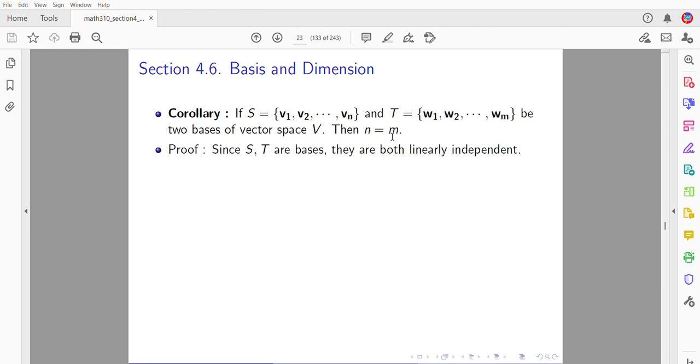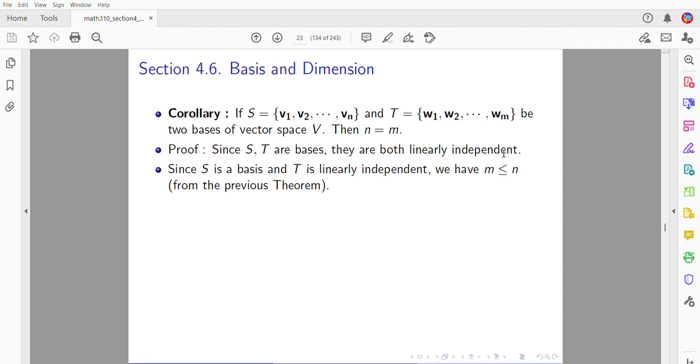Since S and T are bases, they are both linearly independent. So we are going to use the theorem we just proved. First, think of S as a basis, T as a linearly independent set. Then a linearly independent set has fewer vectors than the basis. So m is less than or equal to n.